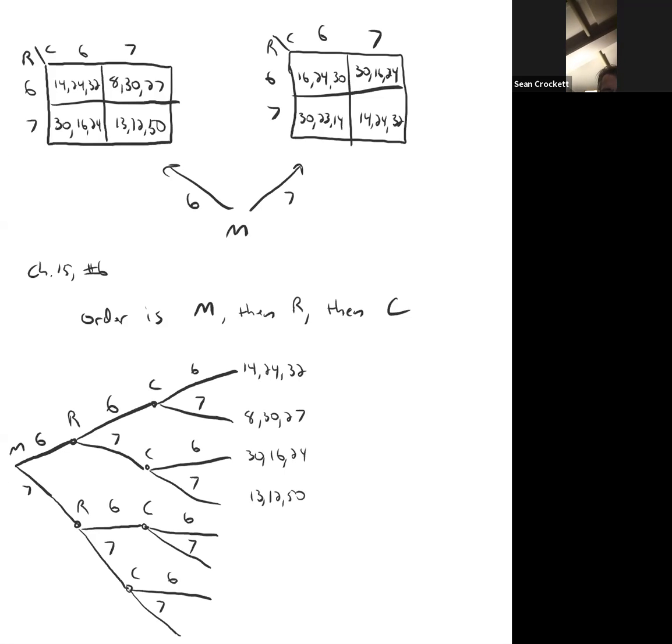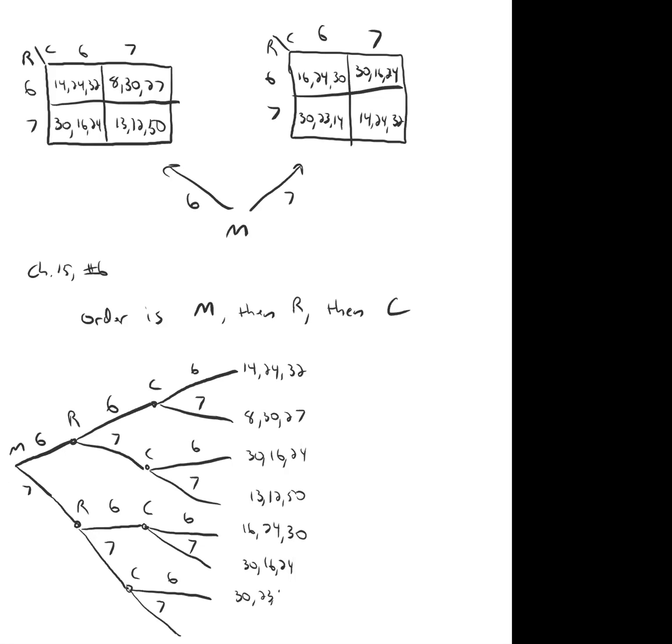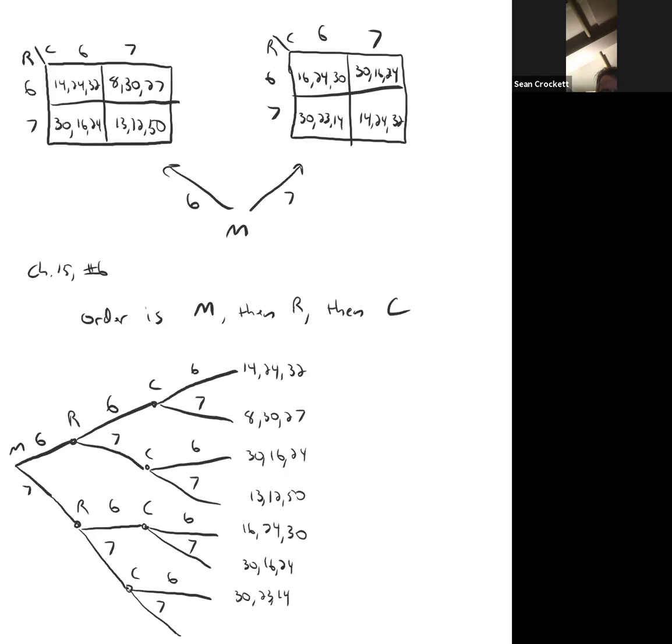And then we move down. We have 16, 24, 30. 30, 16, 24, 30, 23, 14, and 14, 24, 32.